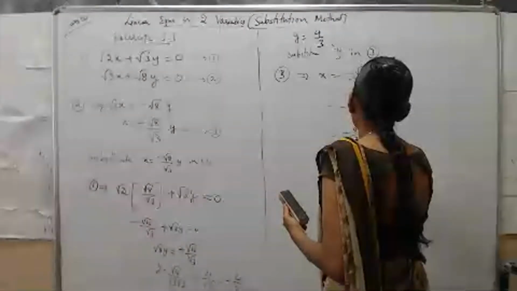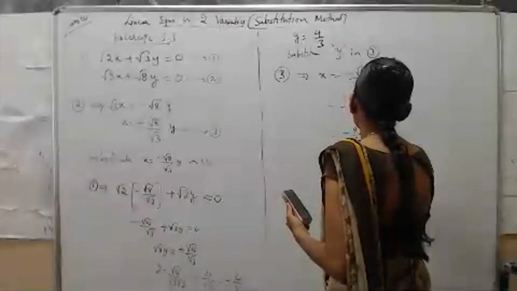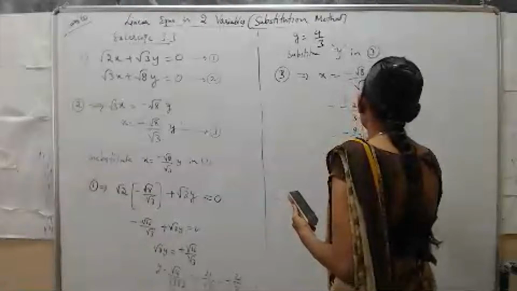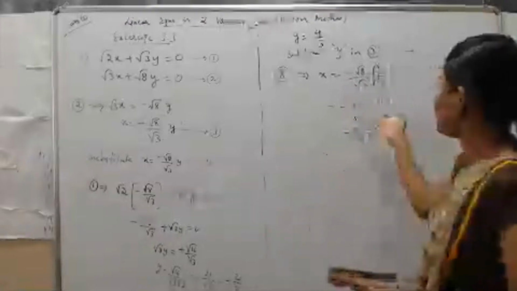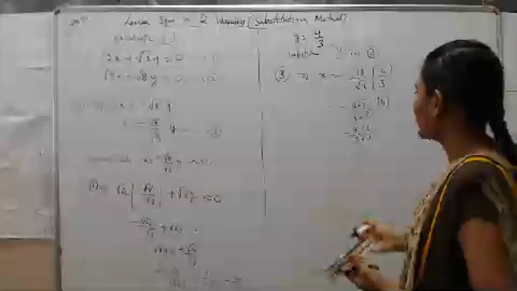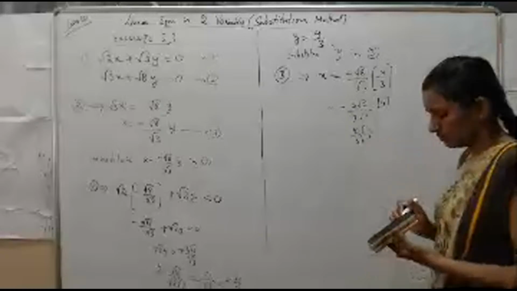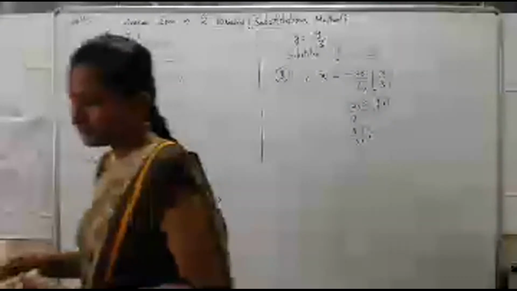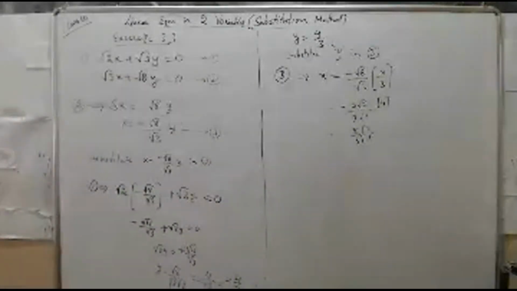Minus 8 by 3 and root 2 by root 3 can also be written as root 2 by 3. I will check whether the solution is correct or not.